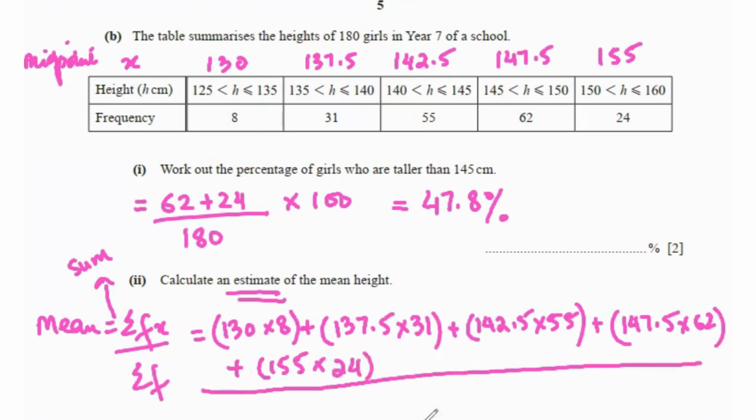And then all of this is being divided by 180 and that's going to equal 144.4. This is in centimeters. This is your mean value of the height for this given data set.